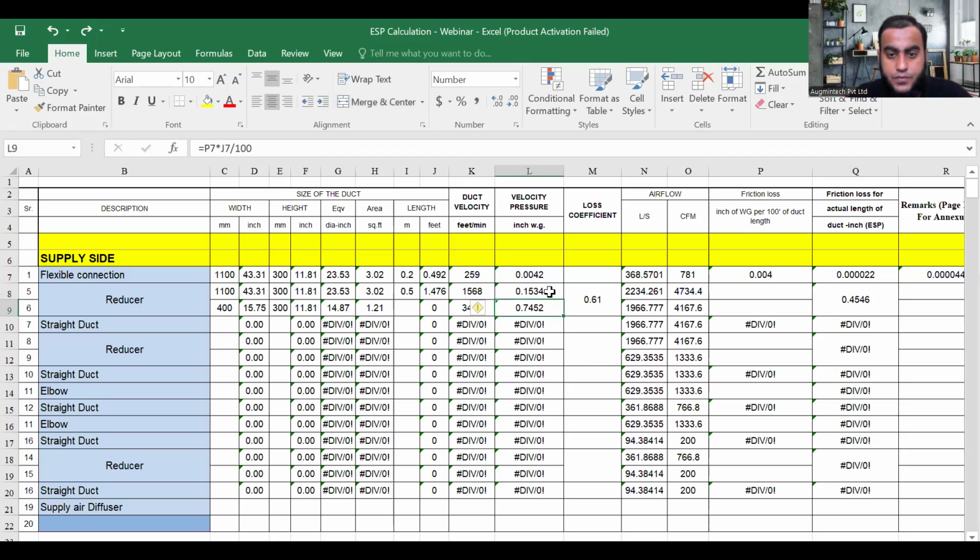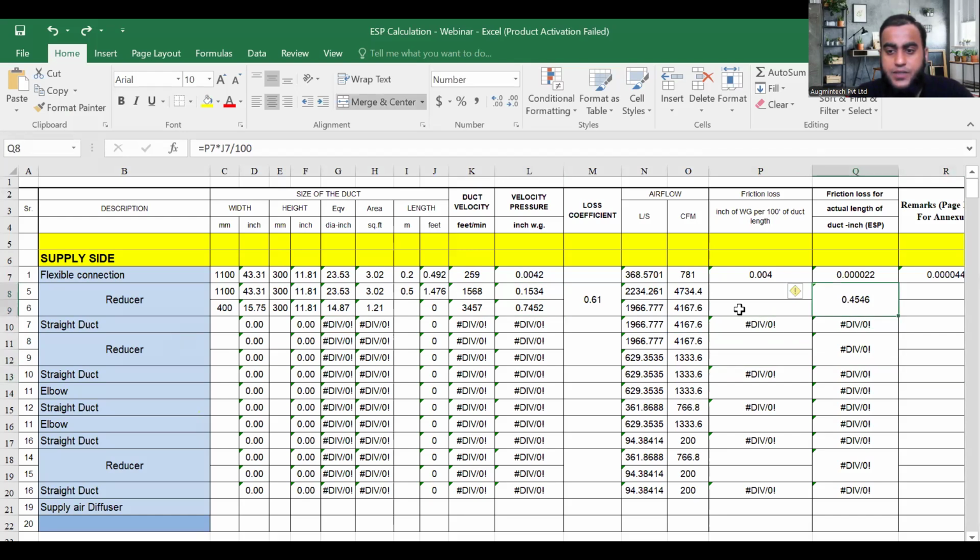Tell me. Always just go for the largest one, okay? So now I am applying the formula here. For reducer also, see, same formula I am just going. All of you listen carefully, okay? What formula we are using here?